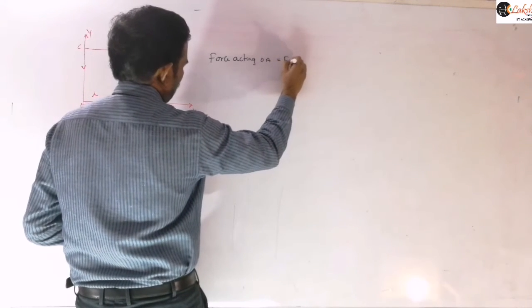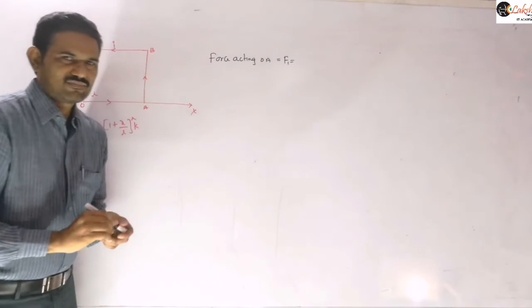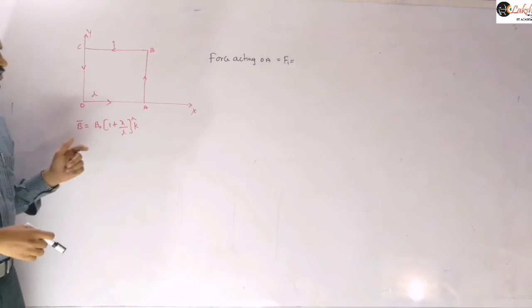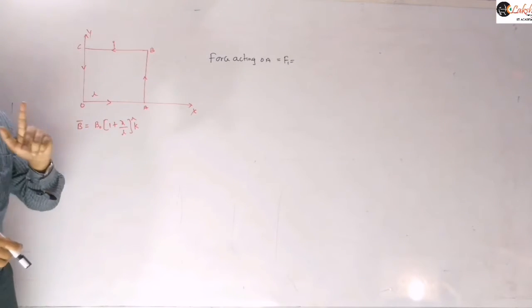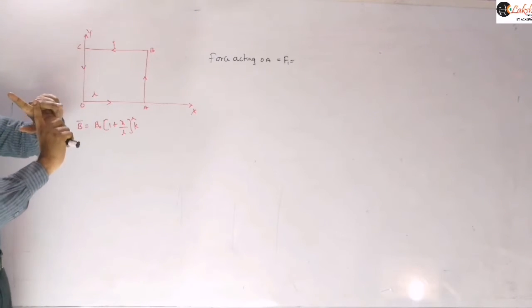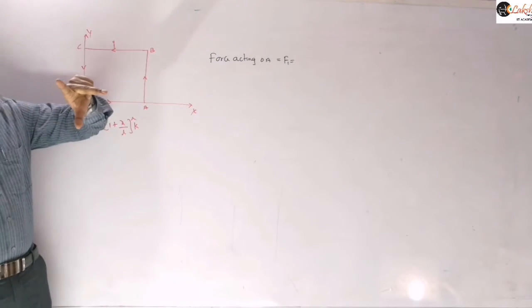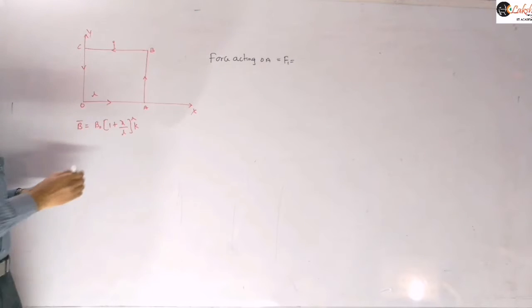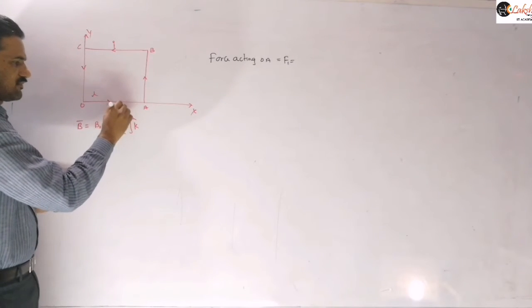Can you say its direction? The magnetic field is out of the plane and the current is flowing from O to A, and so this force F1 will be along this direction.